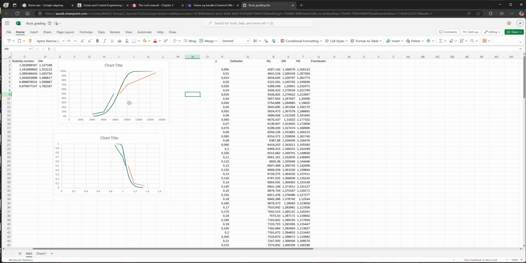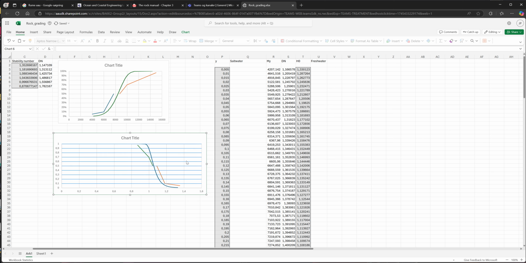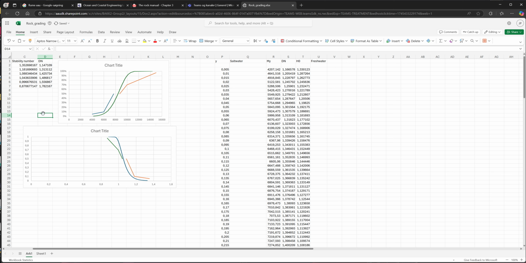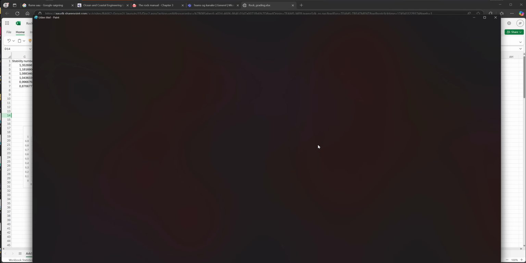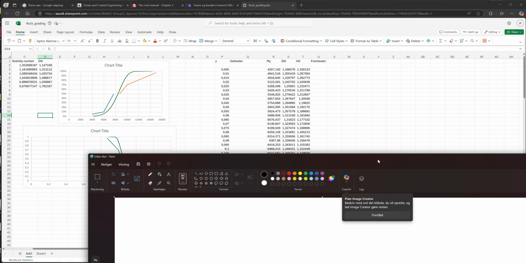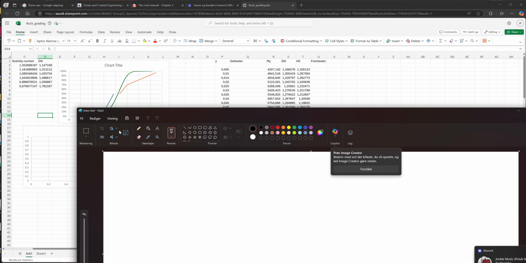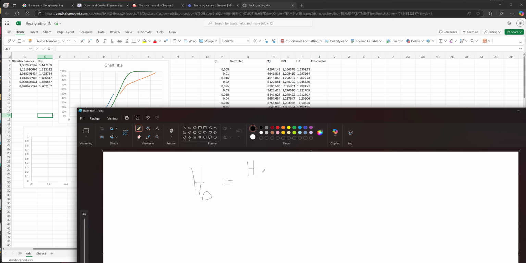And then this is with kilograms and percentages, but typically in this field of engineering, we use something called the stability number. So the stability number is calculated using a formula that looks like this, where we have H0, I think it's called, equal to Hs, which is our significant wave height, over delta.